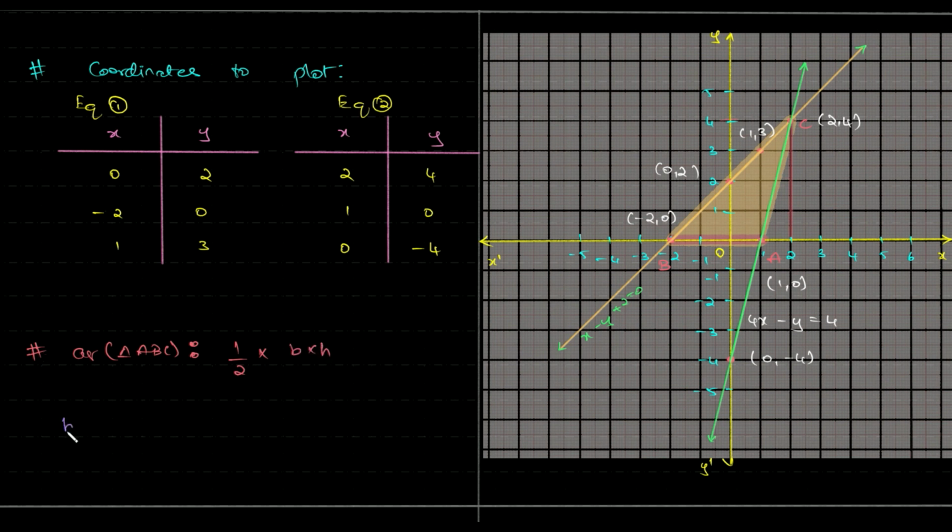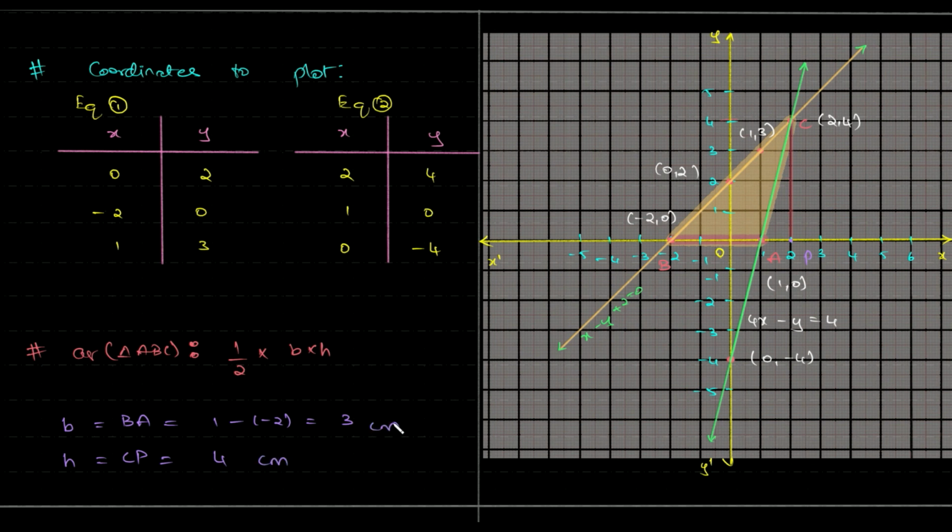In this case, base is BA. What is the length? 1 minus of minus 2, which is 3. And height is C. We can call this point P. CP, which is equal to 4 units. 4 minus 0, which is 4 centimeter.